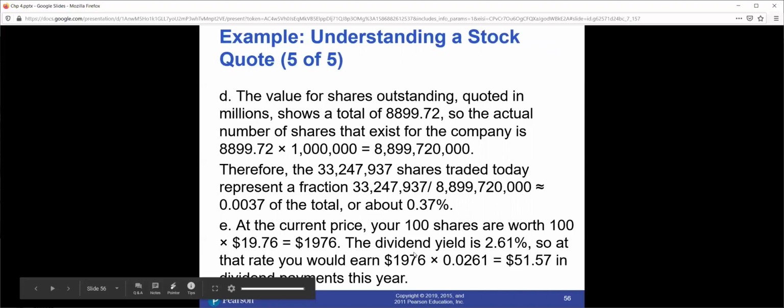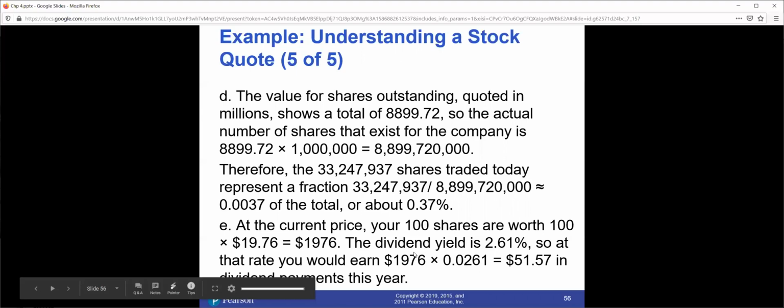The number of shares outstanding, quoted in millions, shows a total of 8899.72. So the actual number of shares that exist for the company is 8,899,720 shares. That's how many shares exist of the company.